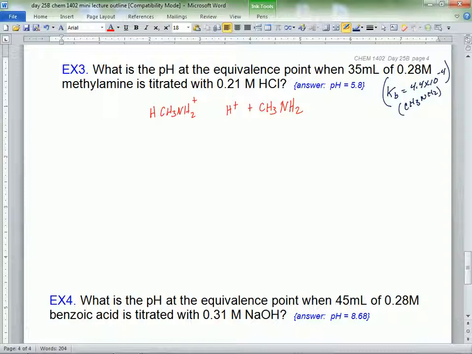Oh, we forgot our arrow. So in this one, when you get your x, we'll just take the negative log of it and we quit, right? Because x is hydrogen ion. So don't do any subtracting from 14 for this one.